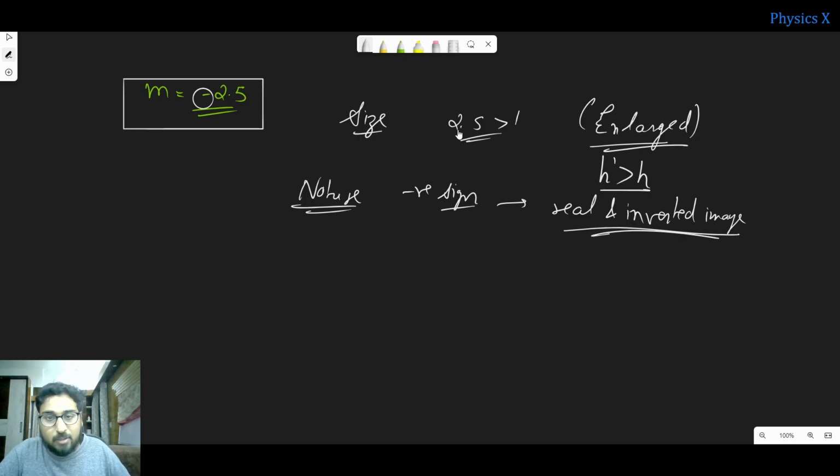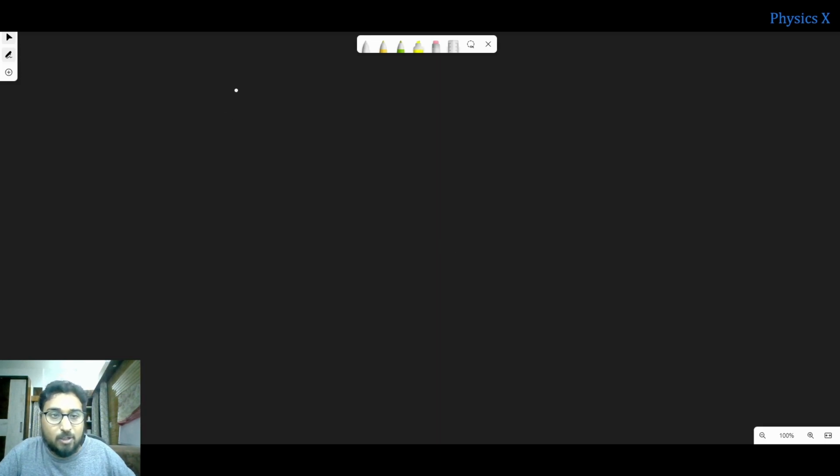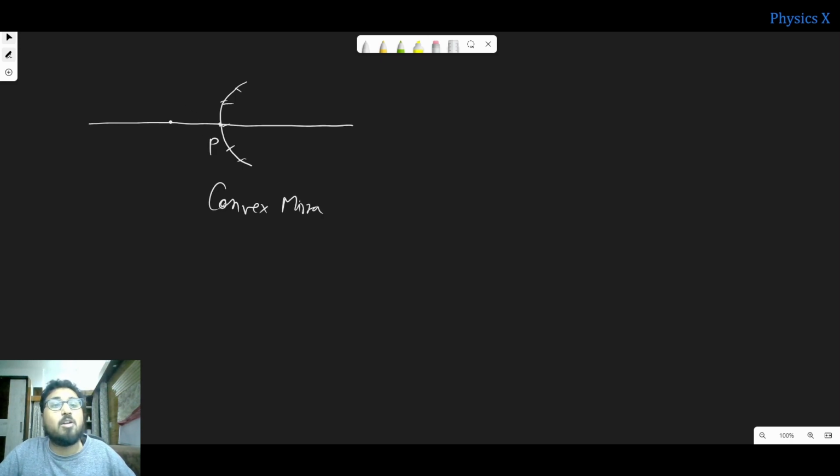Now consider a convex mirror also. In a convex mirror, what happens? This is a convex mirror, this is the pole, and this is the non-reflecting side. In a convex mirror, the image is always formed on this side only.